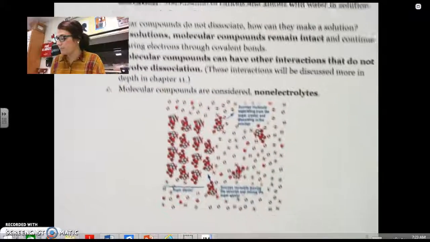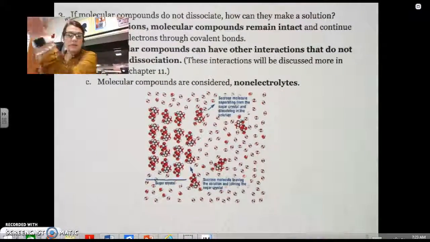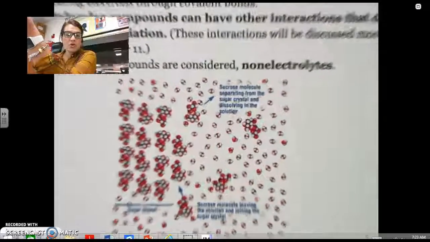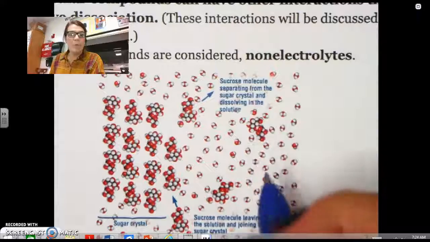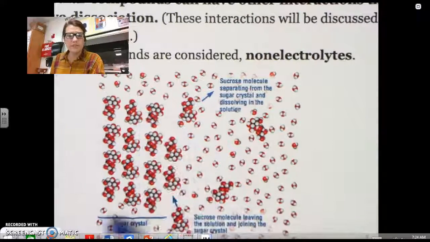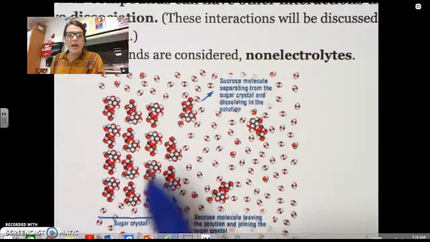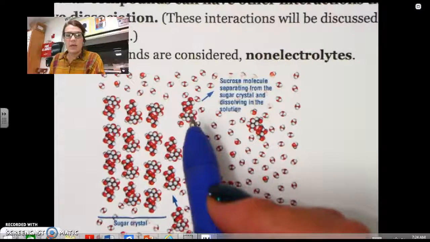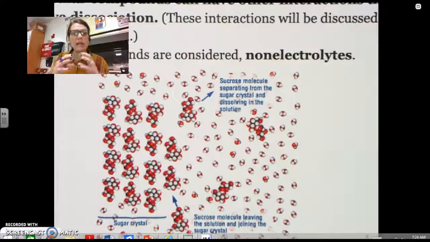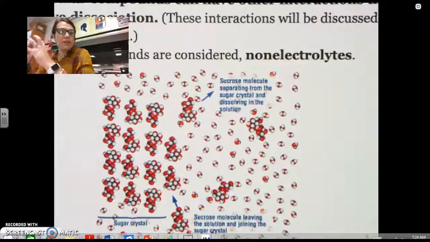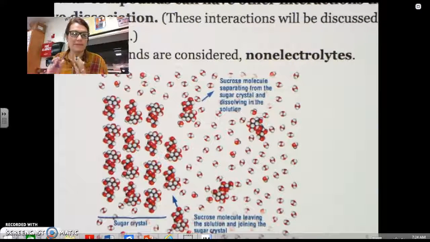And you can kind of see here, let me zoom in on this for a second. All of these red and white guys over here are my water molecules. And these are like sucrose. What you'll notice is that the water molecules are having an interaction with the whole molecule and pulling it away from the other molecules from the solid structure.